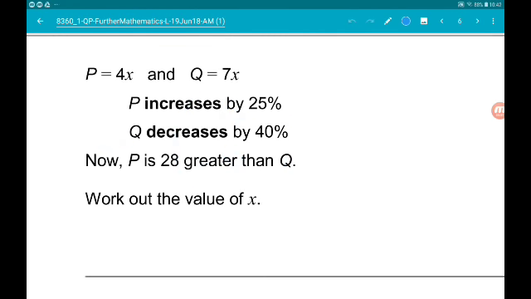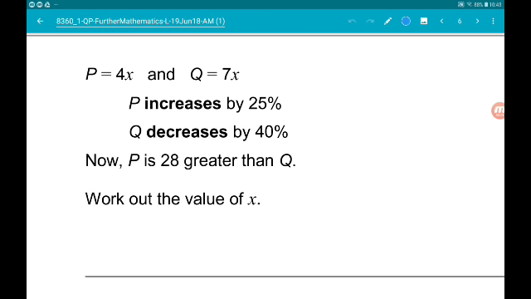In question 4, we have some tasty algebra. So P is 4x, Q is 7x. P increases by 25%. Q decreases by 40%. Now P is 28 greater than Q. We want to work out the value of x.